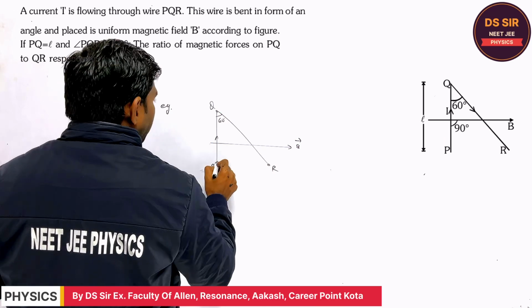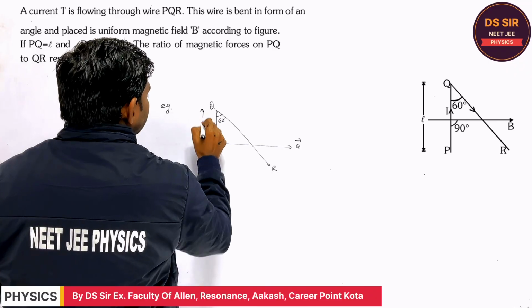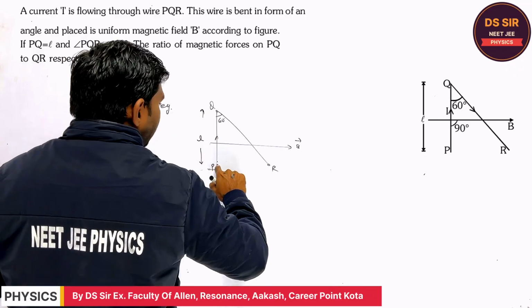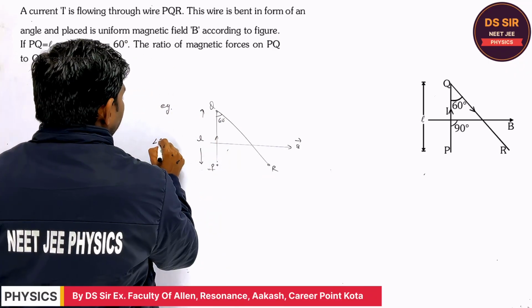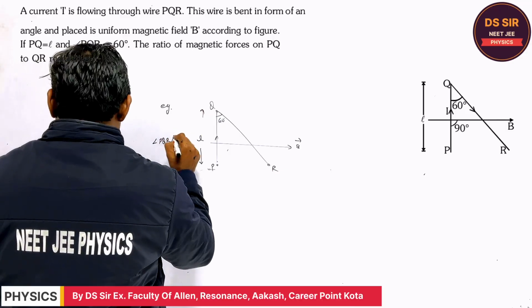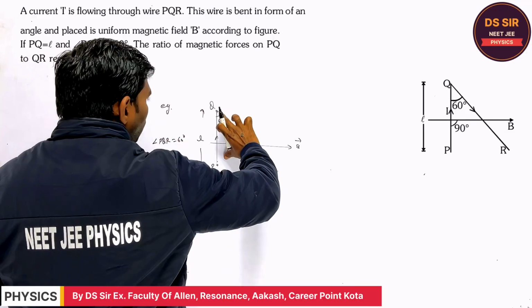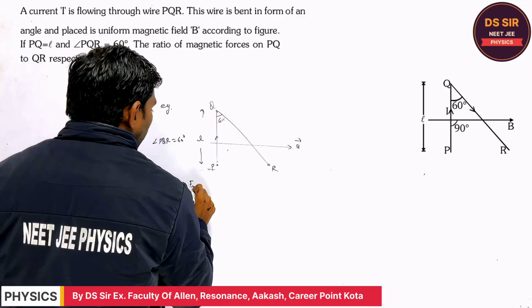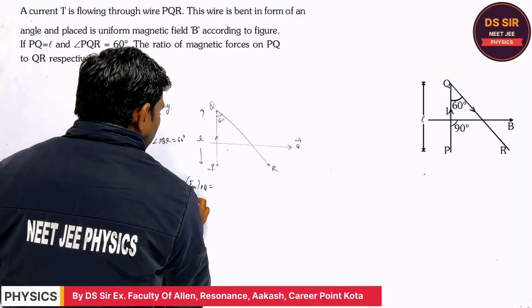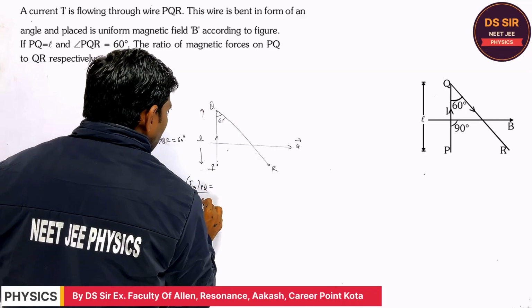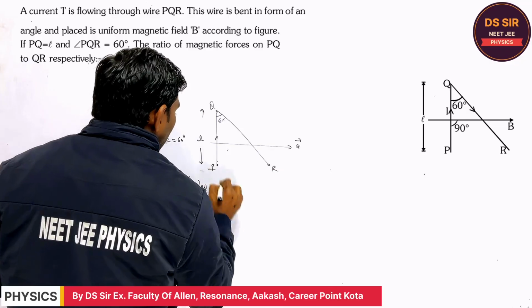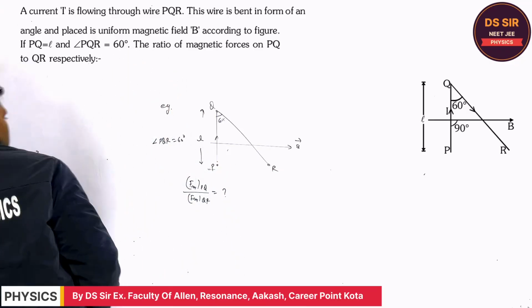According to the figure, length PQ is given as L, and the angle PQR is 60 degree. Then the ratio of the magnetic force on PQ divided by the magnetic force on QR, this ratio we have to find. Is it clear or not, you tell?